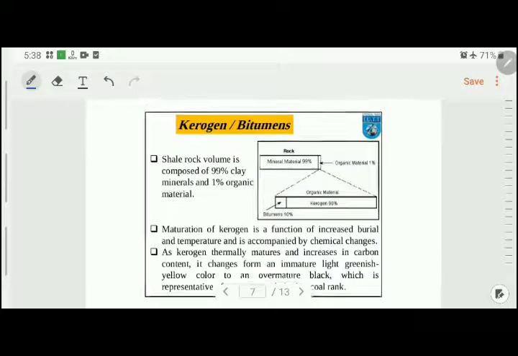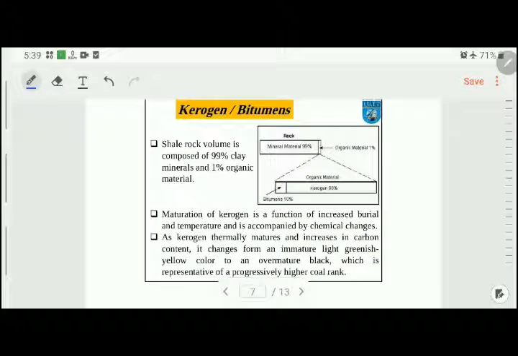Kerogen and bitumen. Shale rock volume is one of the most important things. The shale rock is composed of 99% clay minerals and 1% of what? Organic materials.